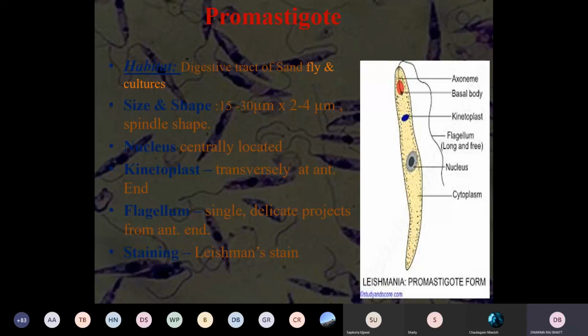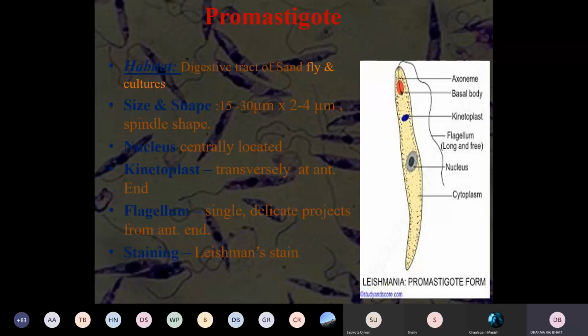So when a sandfly bites a diseased human or animal, the Leishmania donovani or Leishman-Donovan bodies, LD bodies, get ingested by the sandfly and remain in the digestive tract of the sandfly.